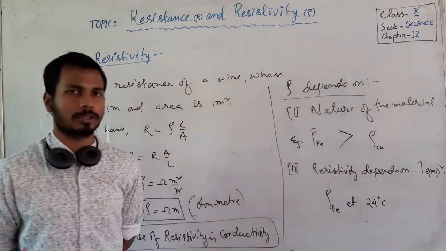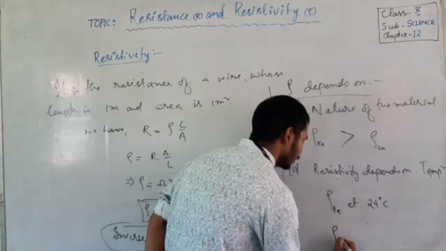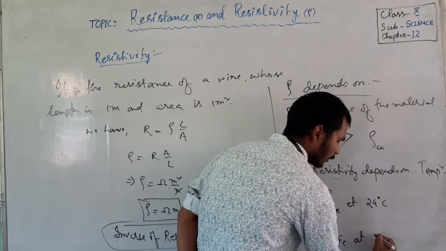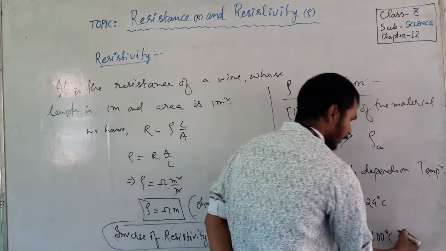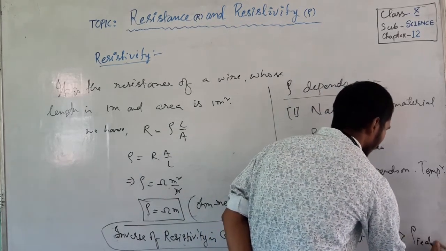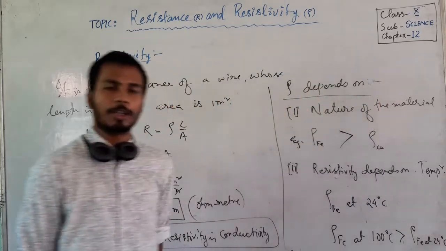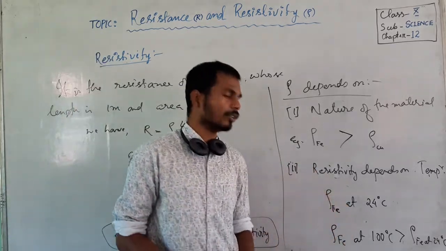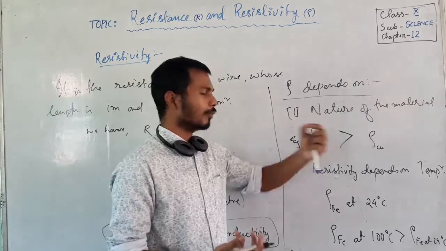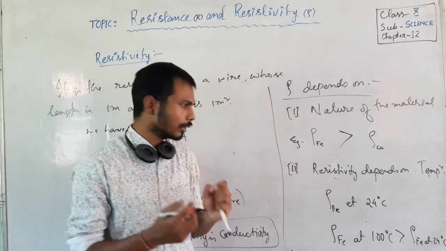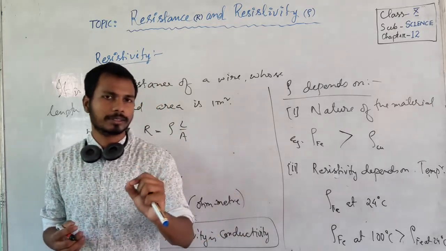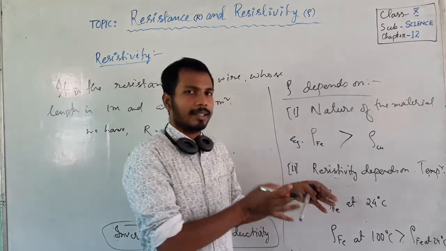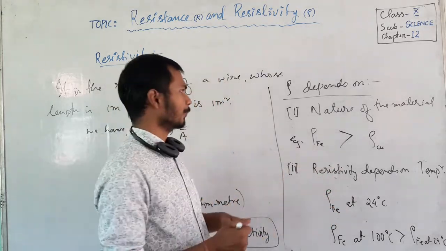Now you increase the temperature. You will find that the resistivity of iron at say 100 degrees Celsius is greater than the resistivity of iron at 24 degrees Celsius. So resistivity depends on temperature. As we increase the temperature, the resistance increases, and automatically resistivity also increases. But it is the same for the same material at constant temperature. For example, the resistivity of iron at 20 degrees Celsius is the same, and if you take another piece of iron, its resistivity will also be the same.